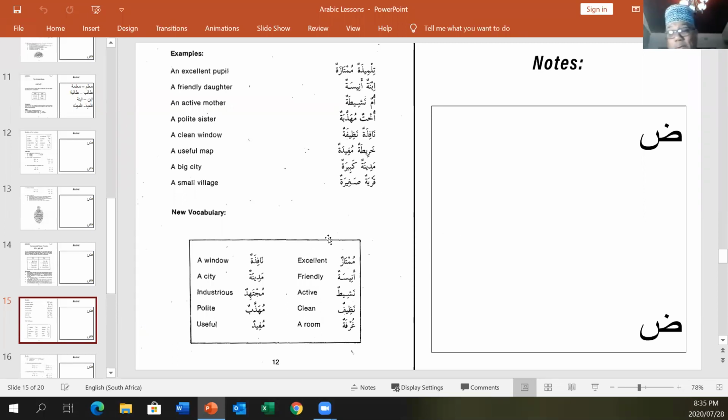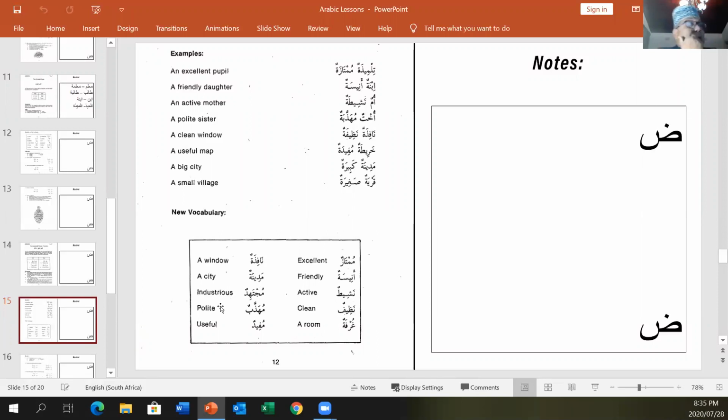So I think we're quite comfortable with that now. The way we did it, alhamdulillah, we should be able to handle it, and if there are any questions, we would be able to address them, inshallah. As we say here, we find the new words in the grouping as well. Nafidatun is a window, Madinatun is a city.